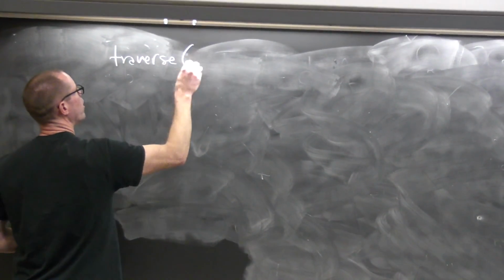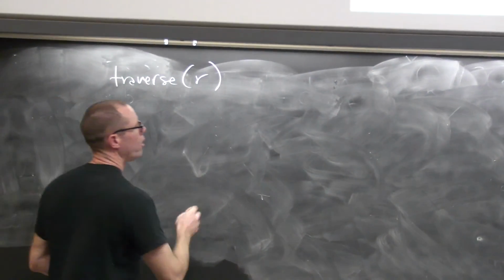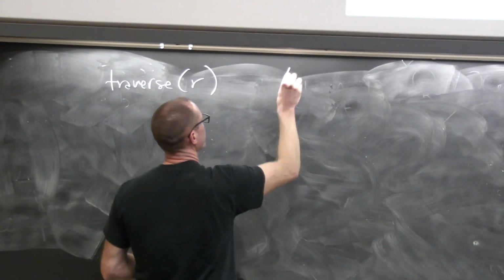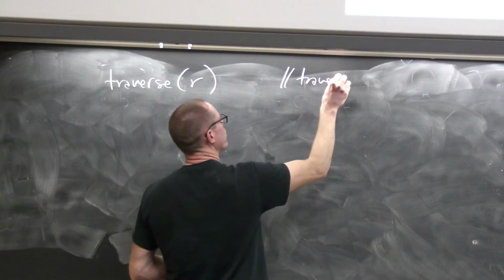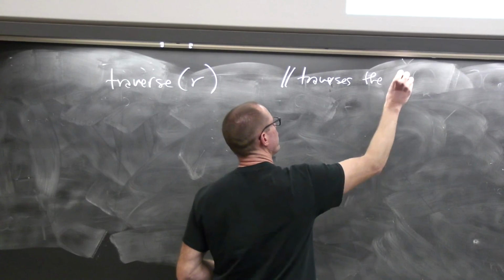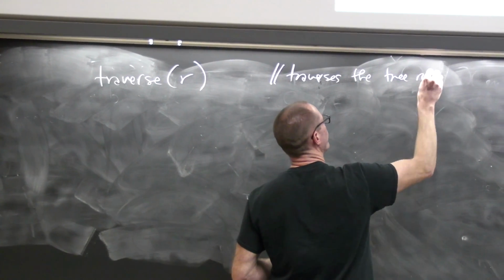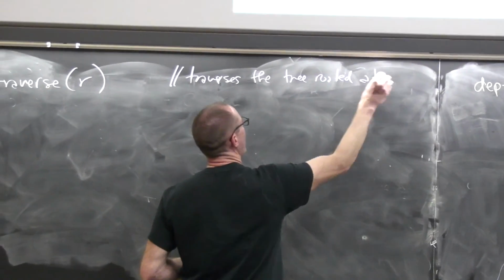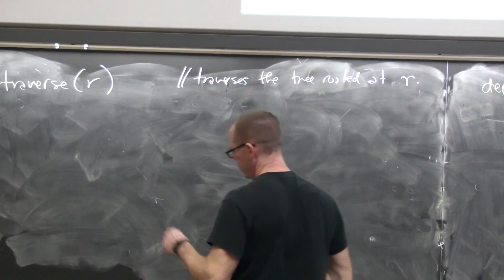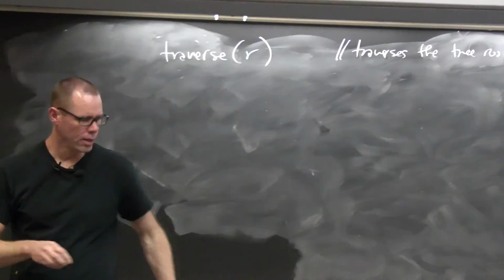So here's some code called traverse(r), which takes this walk and traverses the tree rooted at r. Okay?